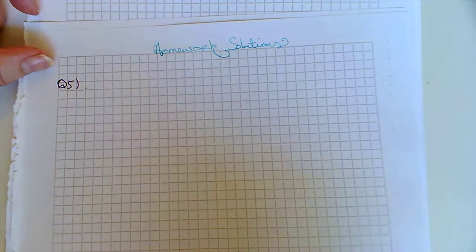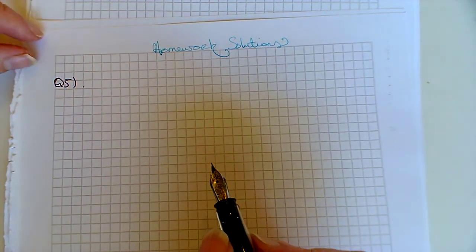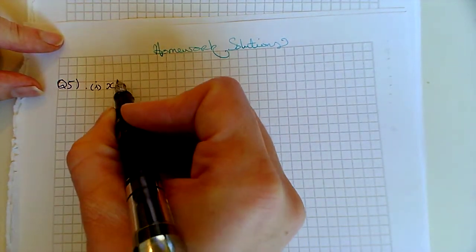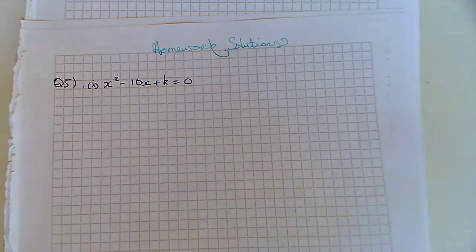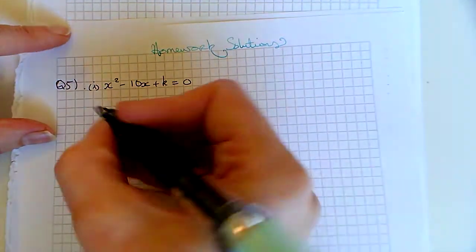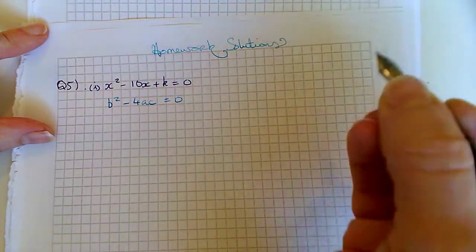And question 5 has 3 parts, and we're asked to find the value or values of k for which the following equations have equal roots. So the first one, x squared minus 10x plus k equal to 0. We're going to note that if it has equal roots, then the discriminant b squared minus 4ac is equal to 0.